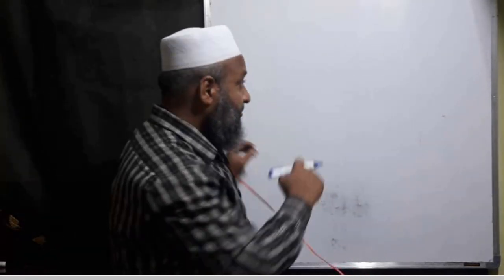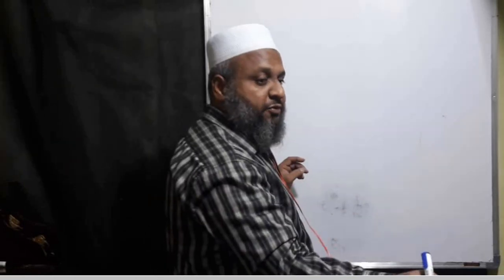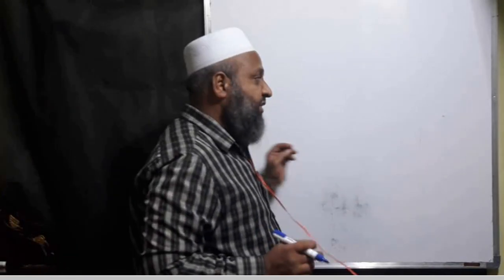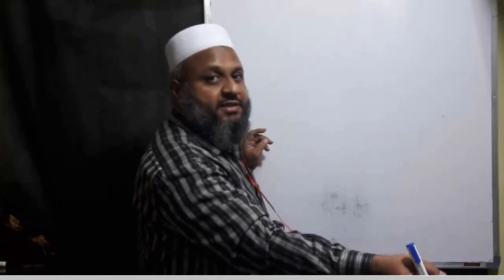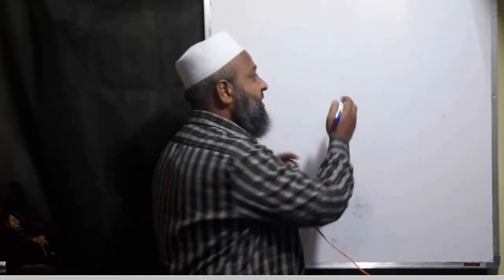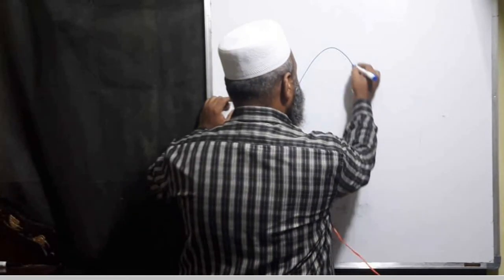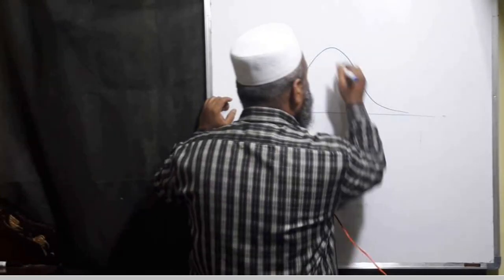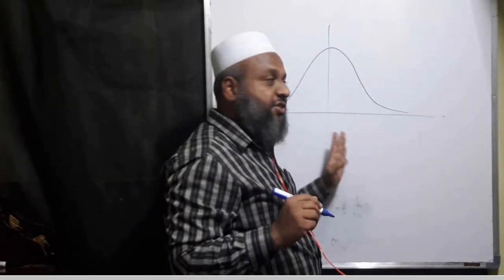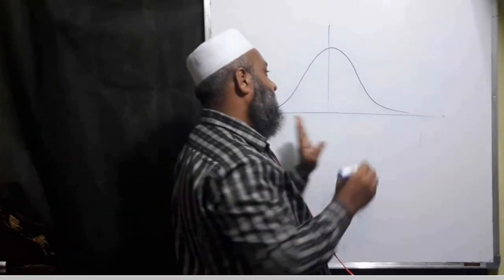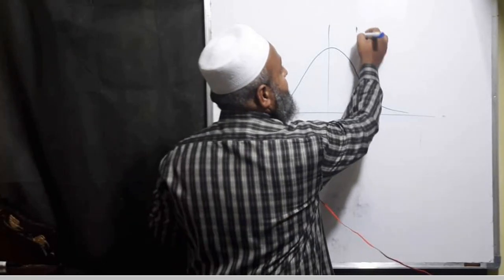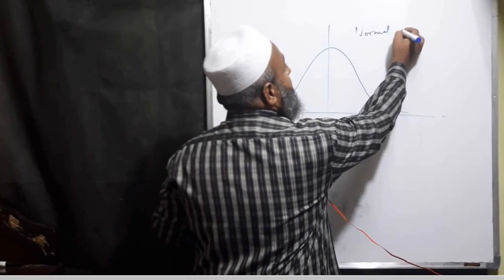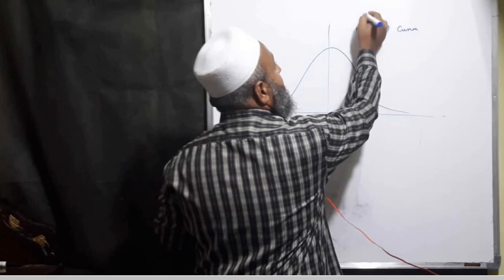Right now I assume the students watching this are in the first year of their engineering, so they don't have probability distributions yet, and hence I don't want to go into much detail. But if some mathematics majors are watching this, they can get back to this very easily: this is the normal curve, the standard normal curve.